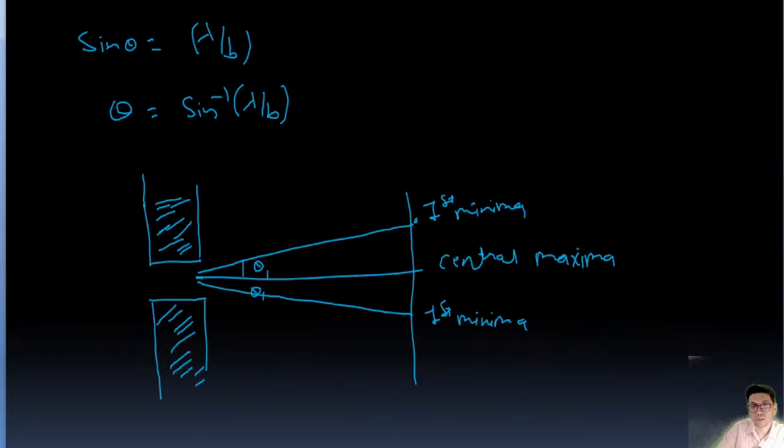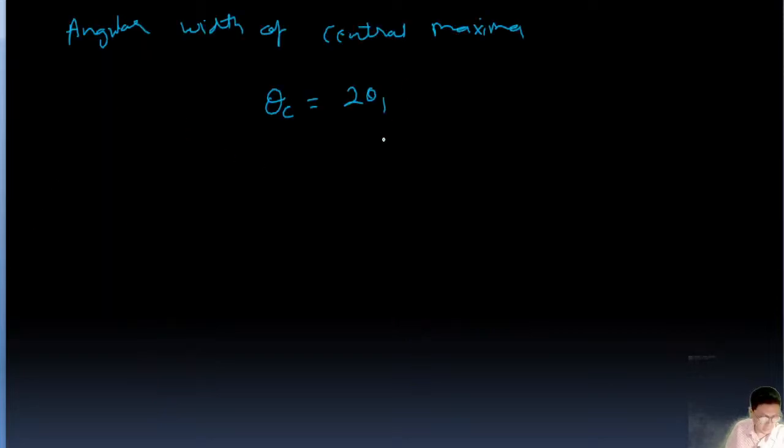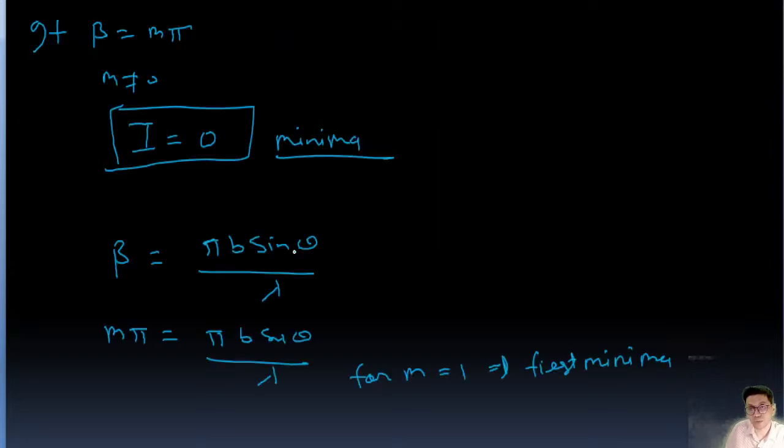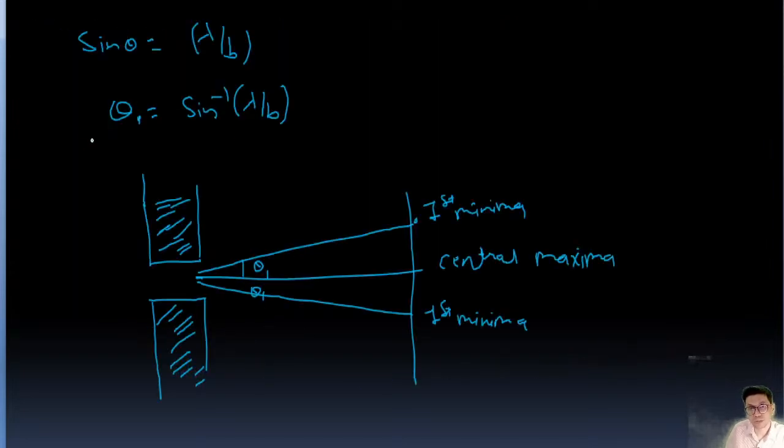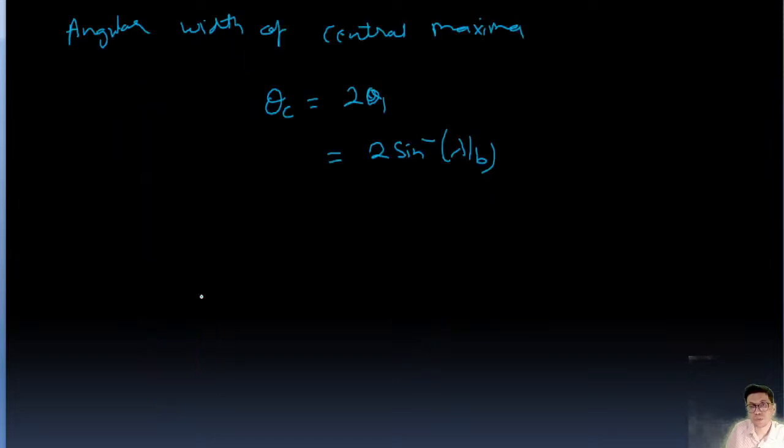This is theta 1 for first minima, for m equal to 1. So this value is going to be 2 sine inverse lambda by b. So this is the angular width of the central maxima, theta c, that is 2 theta 1. Okay, guys, so this is about diffraction.